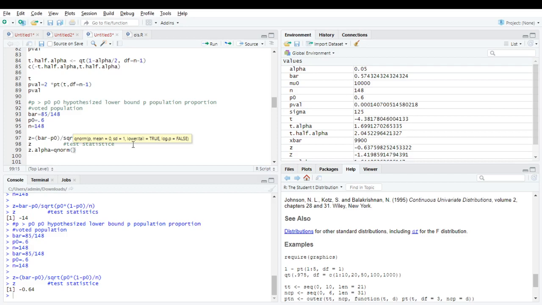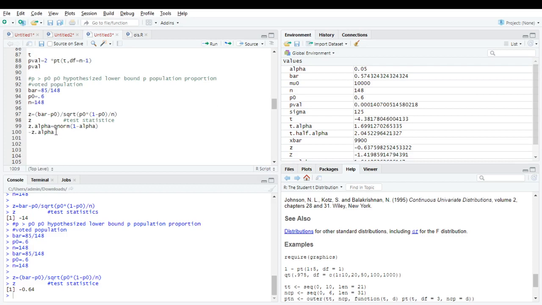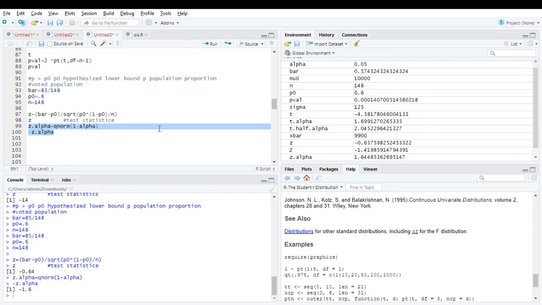First thing you have to do is give the proportion, which is 1 minus alpha, and everything else remains the same, and we print the minus z alpha. As you can see, the minus z alpha value is minus 1.64.